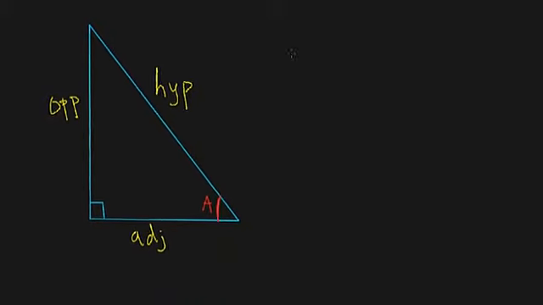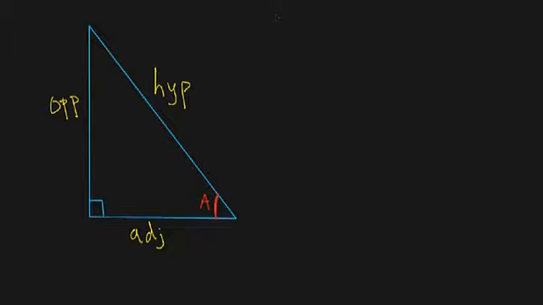Now let's suppose that we want to make a function, and we'll call it the sine function, why not, which relates the opposite side of an angle to the hypotenuse of a right triangle that uses that angle. This is just an idea.